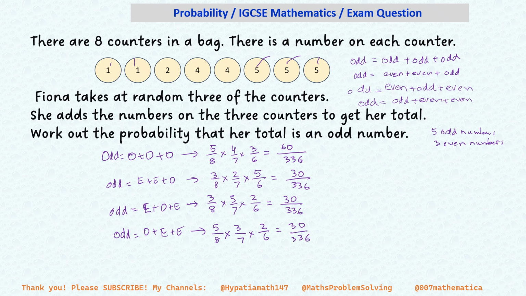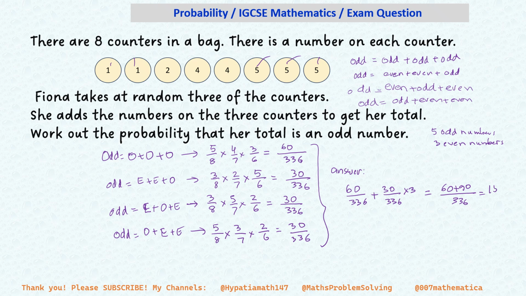So the answer would be the total of all these cases. The answer is 60 out of 336 plus 30 out of 336 times 3, so I can just say 30 times 3. That would give me 60 plus 90 out of 336.